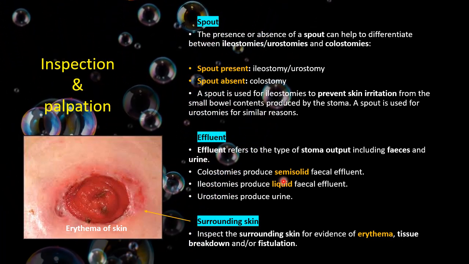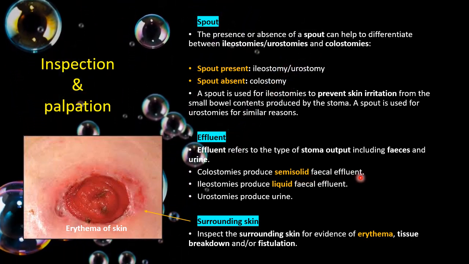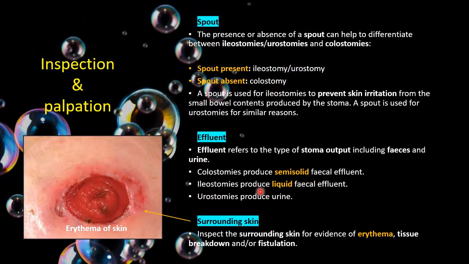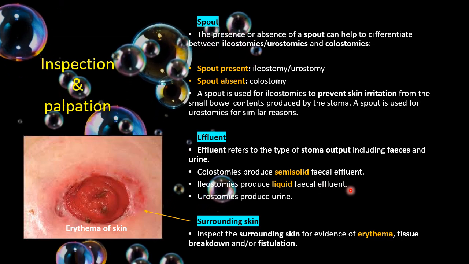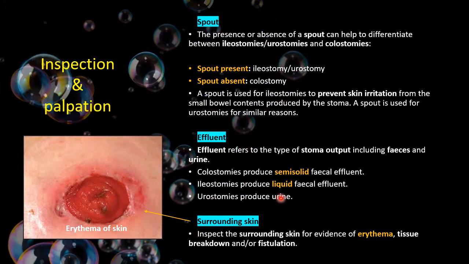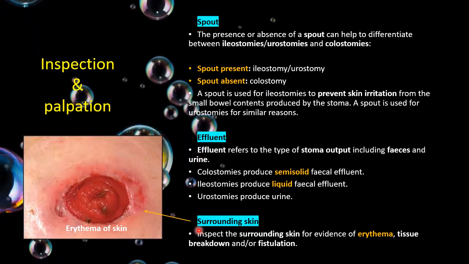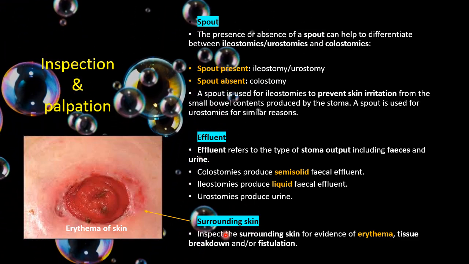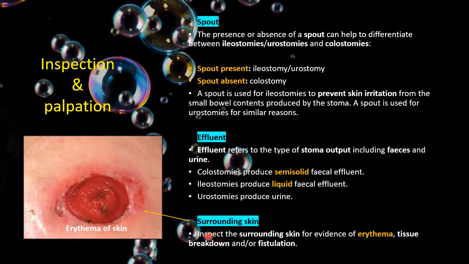Colostomies tend to produce semi-solid fecal effluents, whereas ileostomies produce liquid fecal effluent. Urostomies produce urine.